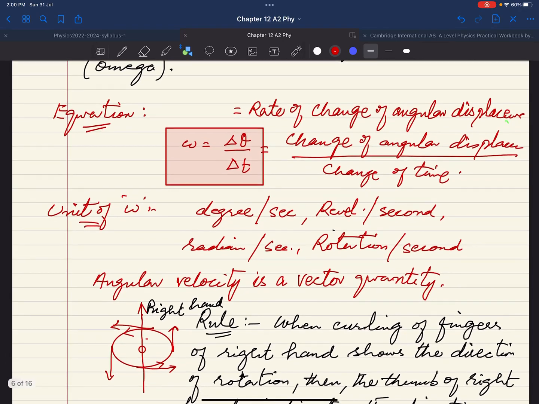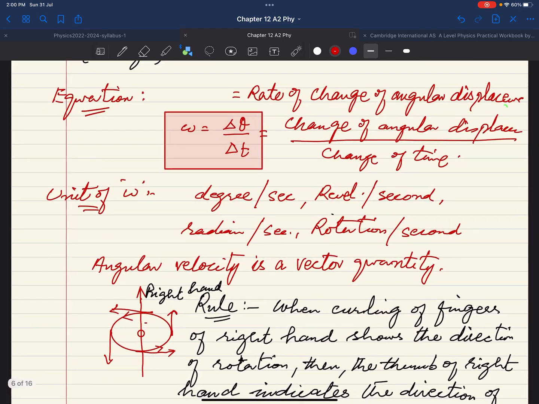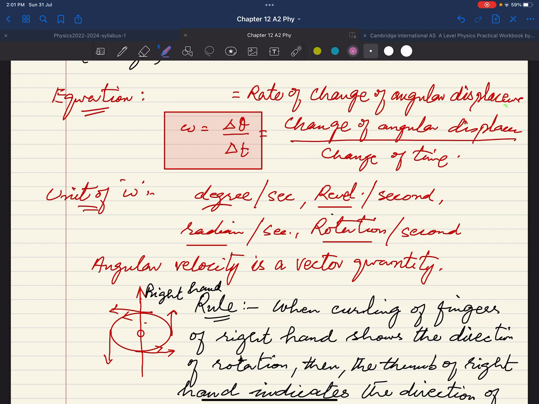And as you know, angular displacement we can measure in degrees, revolution, radian, rotation. If you use these units for angular displacement, of course you know that the unit of time is second. So degree per second, revolution per second, radian per second, and rotation per second, all these are possible units of angular velocity.